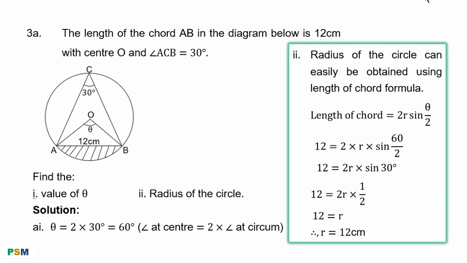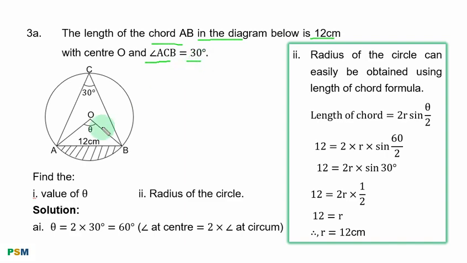Question 3a. The length of the chord AB in the diagram below is 12 cm with center O and angle ACB equal to 30 degrees.